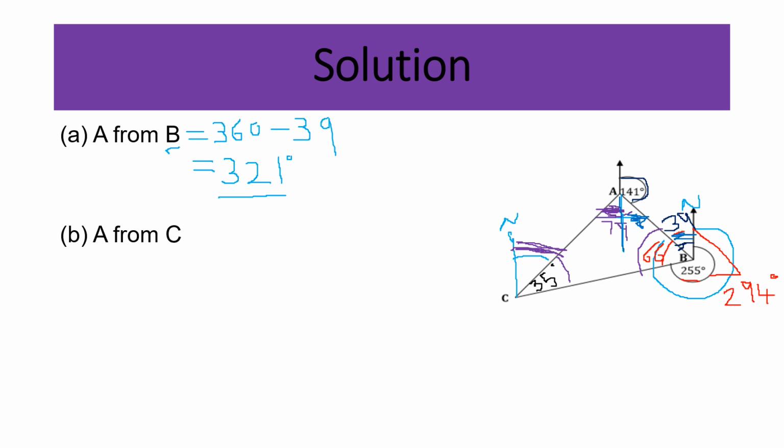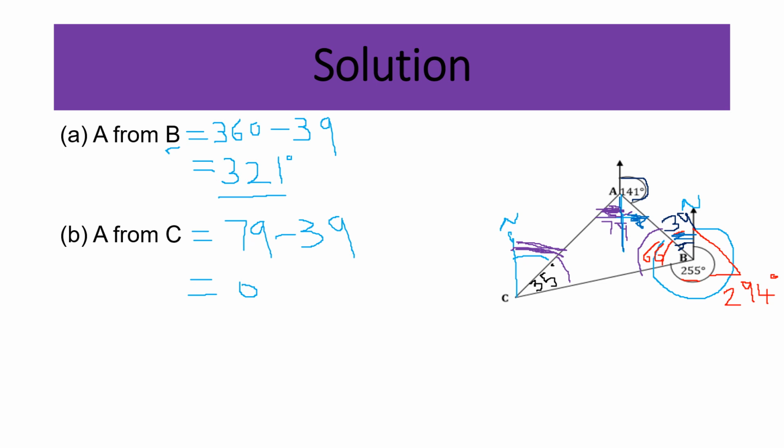Therefore, our answer for A from C will be 79 minus 39, which will give us 40.